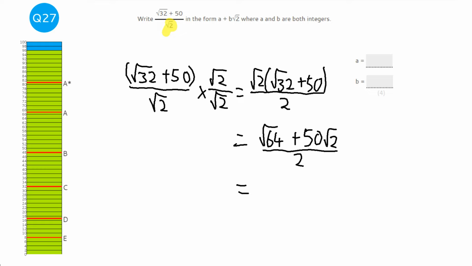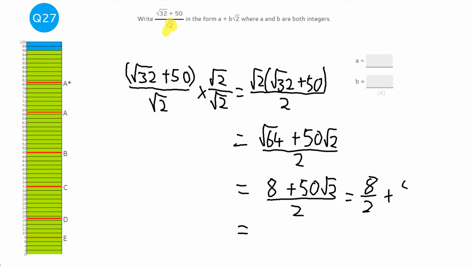Then the square root of 64 is 8. And then let's divide both of these things by 2, because that's the same as saying 8 over 2 plus 50 root 2 over 2.